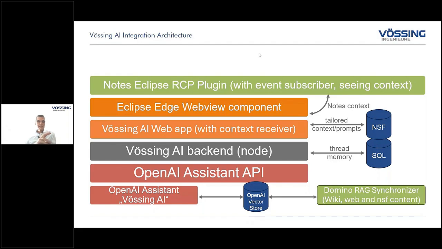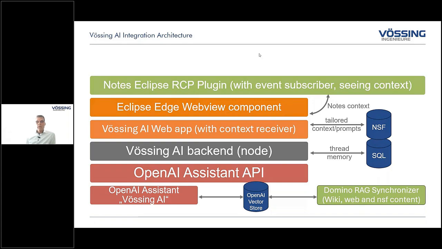Okay, then there is this OpenAI assistant named Vössing AI, which is a token-based billing API service. Then we built the OpenAI assistant API. We use the OpenAI assistant API from the Vössing AI backend, which is a Node.js server connected to a PostgreSQL server for the thread memory.